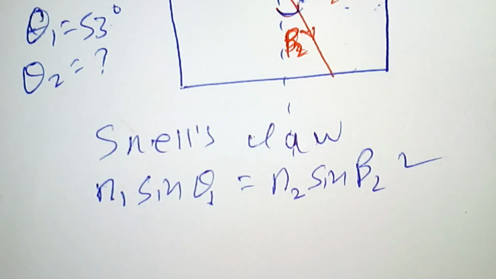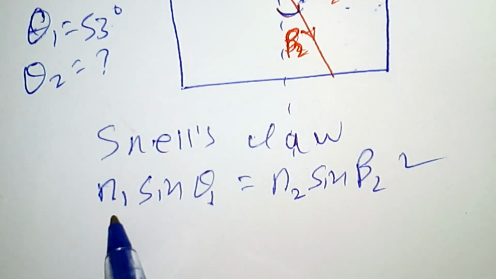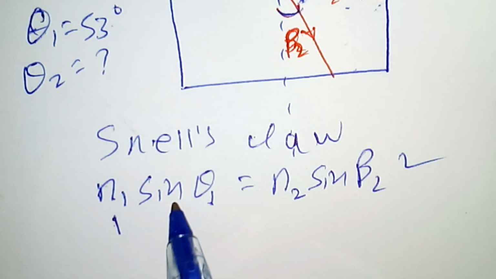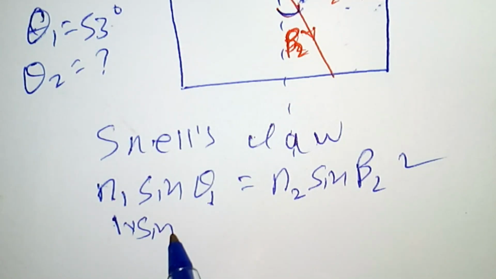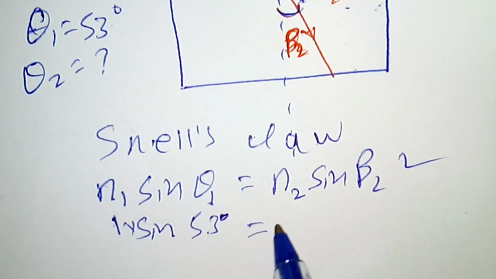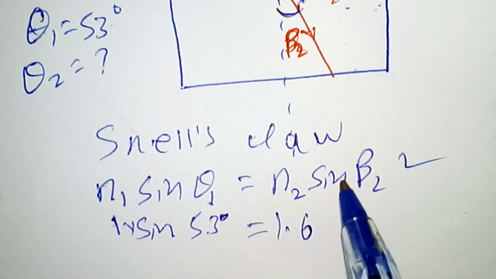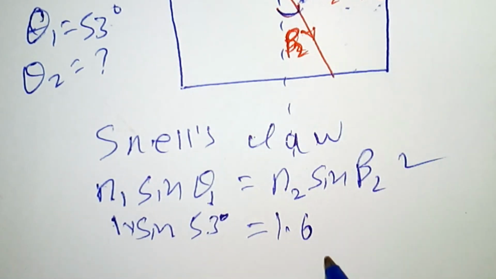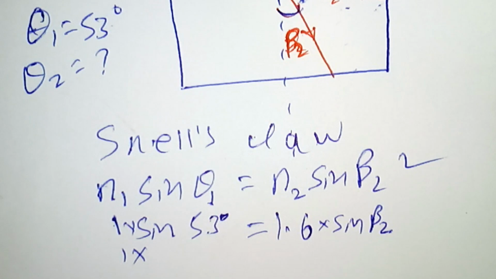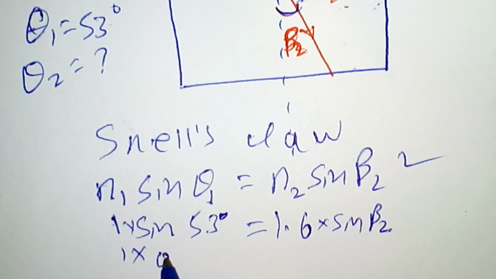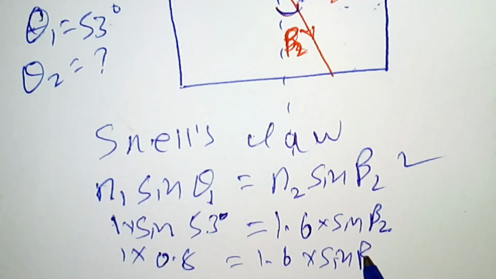If I substitute directly, n1 is equal to 1, since it is air, times sine of theta 1, which is 53 degrees, is equal to 1.6, the refractive index of the glass, times sine of beta 2. Rearranging, 1 times sine of 53 is 0.8, which equals 1.6 times sine of beta 2.